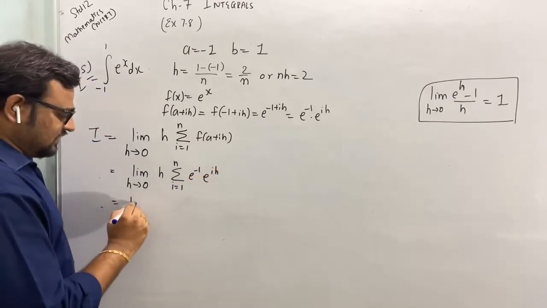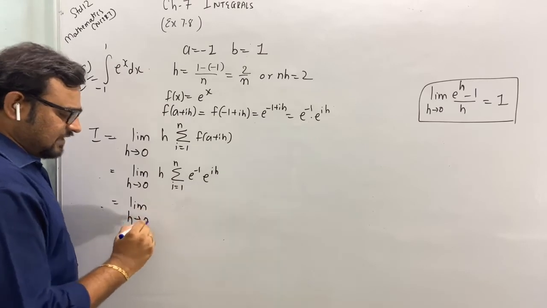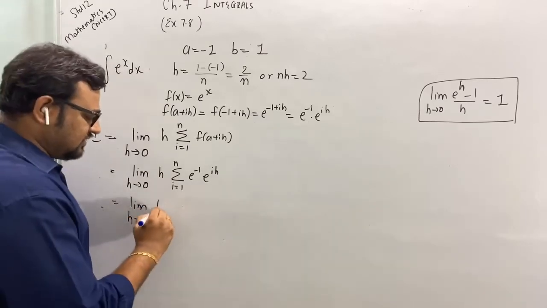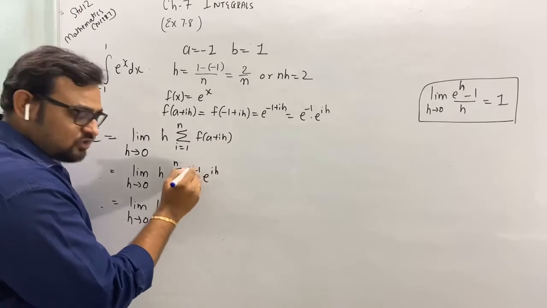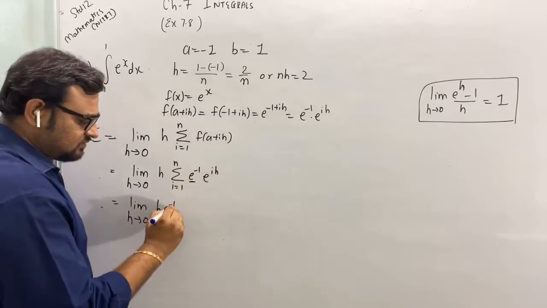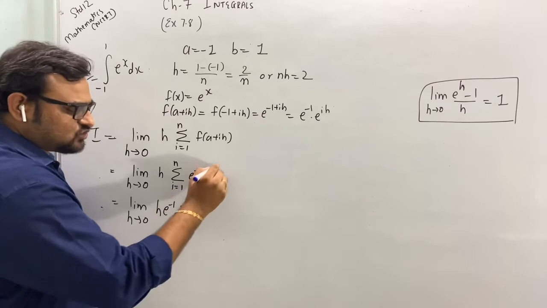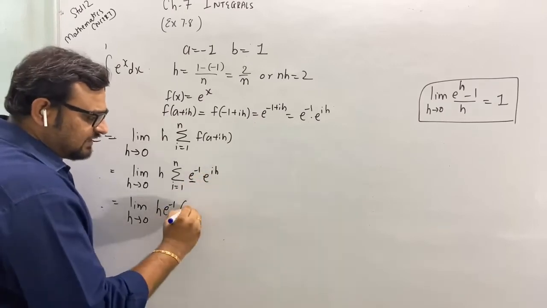So this will be limit h tends to 0, h times e raised to minus 1, which is constant, times the summation of e raised to ih.